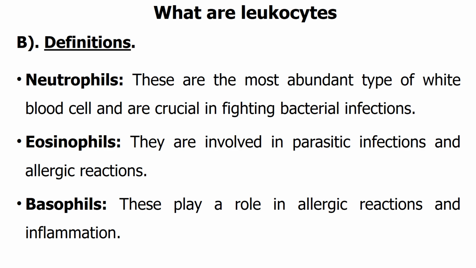Neutrophils are the most abundant type of white blood cells that are crucial in fighting bacterial infections. Eosinophils are involved in fighting parasitic infections, and allergic reactions. Basophils also play a role in allergic reactions and inflammation.